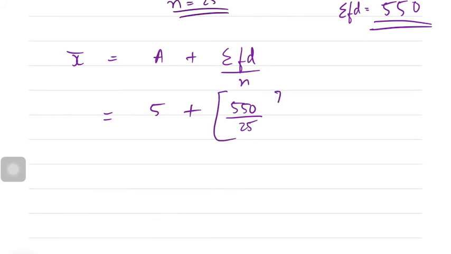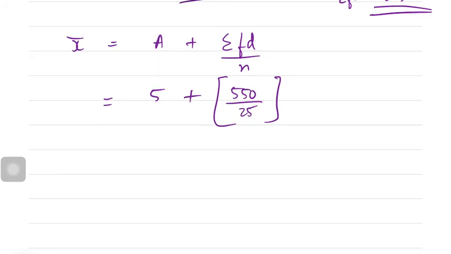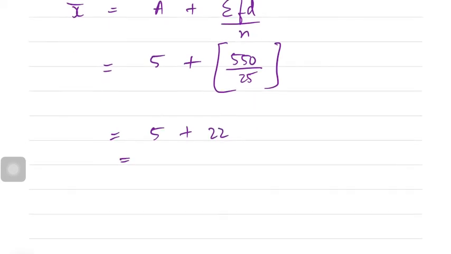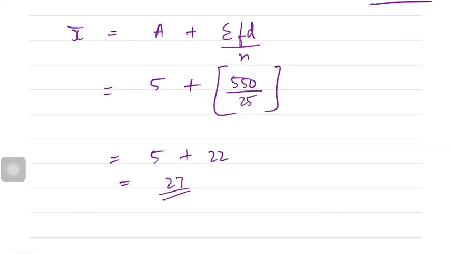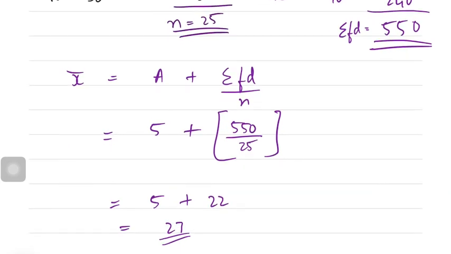So 550 divided by 25 is 22. So 5 plus 22 is 27. So using the shortcut method also you get the same arithmetic mean.